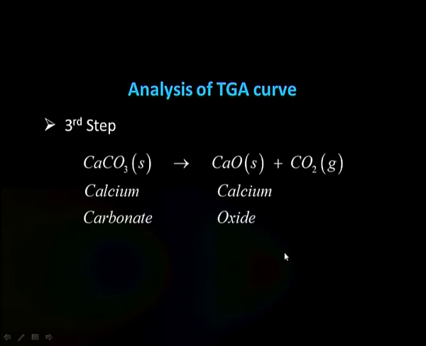And in the third step, the calcium carbonate at about 600 degrees loses carbon dioxide and we get calcium oxide as the final product. Let us now consider factors that affect TGA curves.